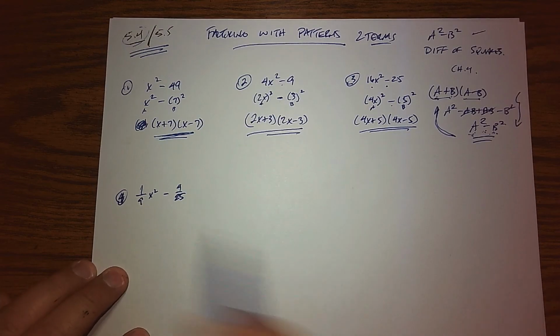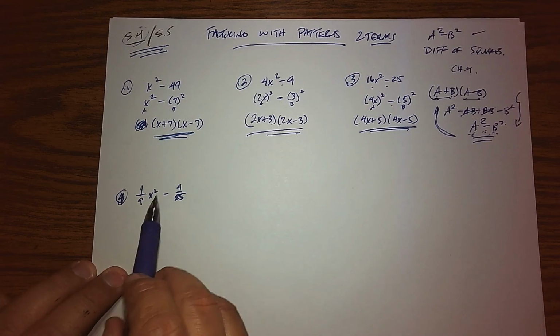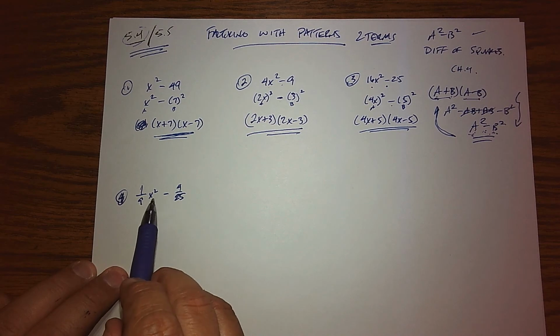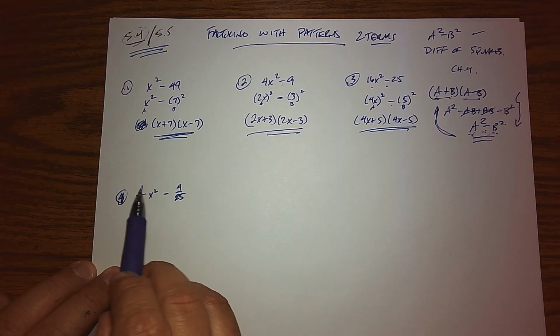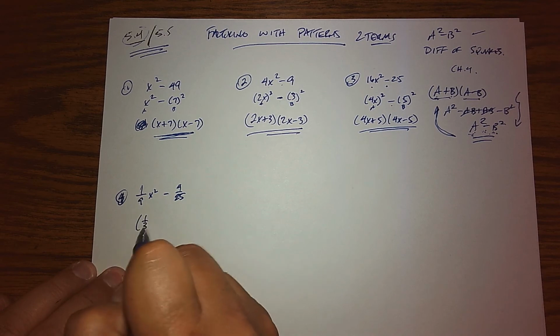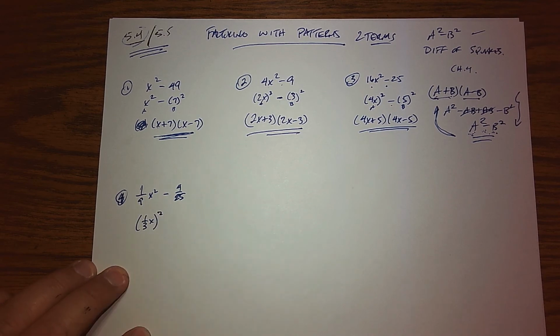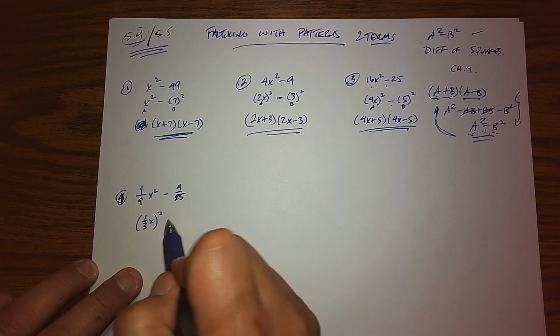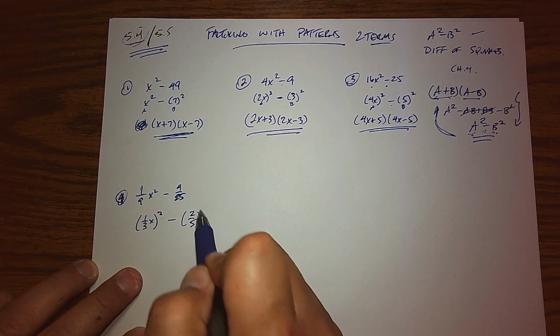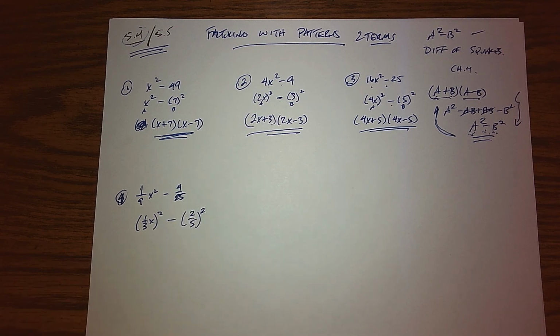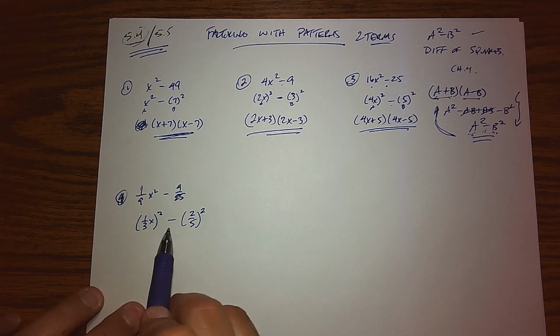I'm trying to make this harder. Let me throw some fractions at you. Again, we do have a difference, and we do see a square. We just need to figure out what term is being squared. Well, 1/9 x squared is 1/3 times x, and we're squaring it. 4 over 25, well, that would be the fraction 2/5 being squared. So I can see I truly have the difference of 2 squares.